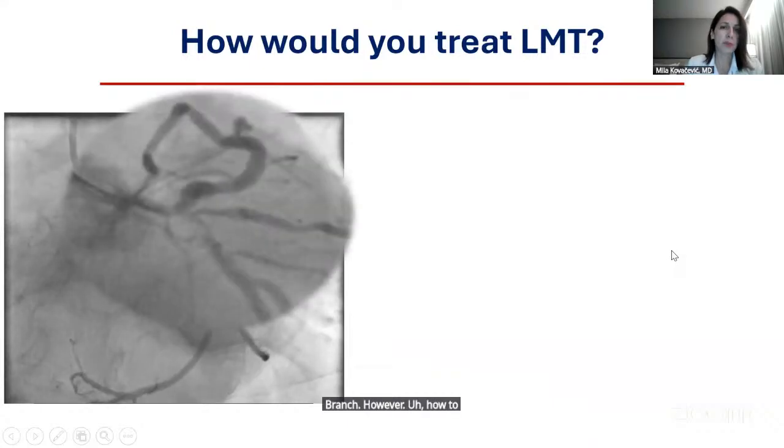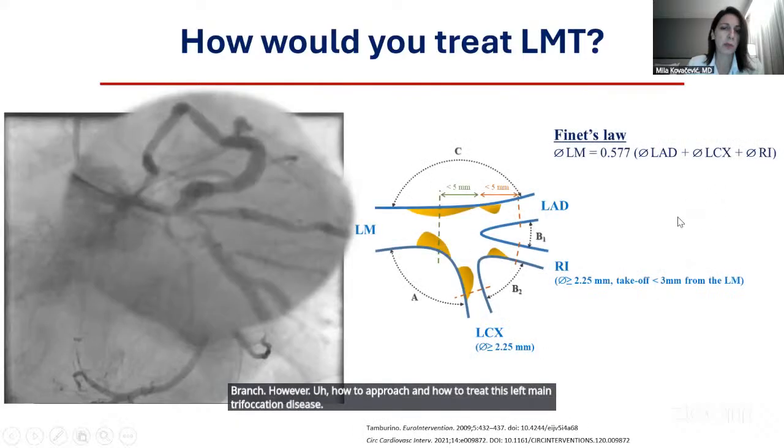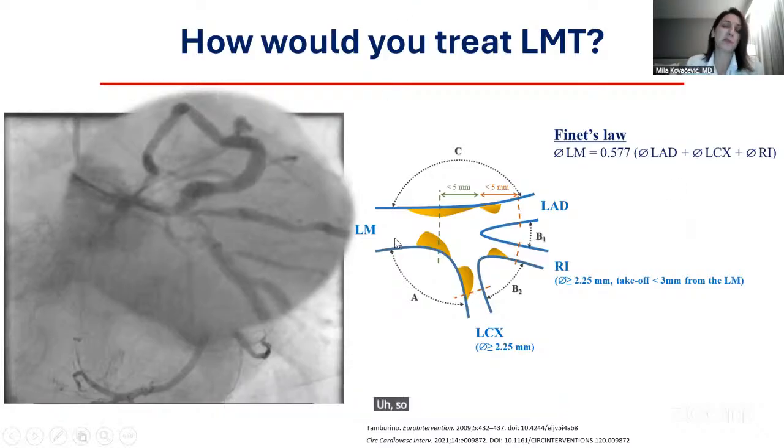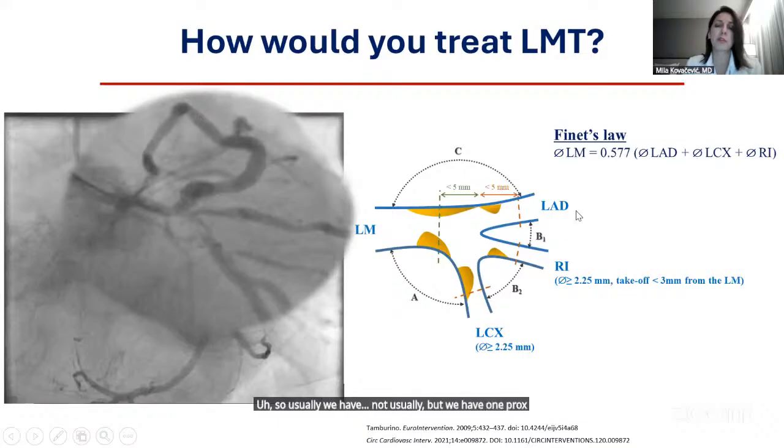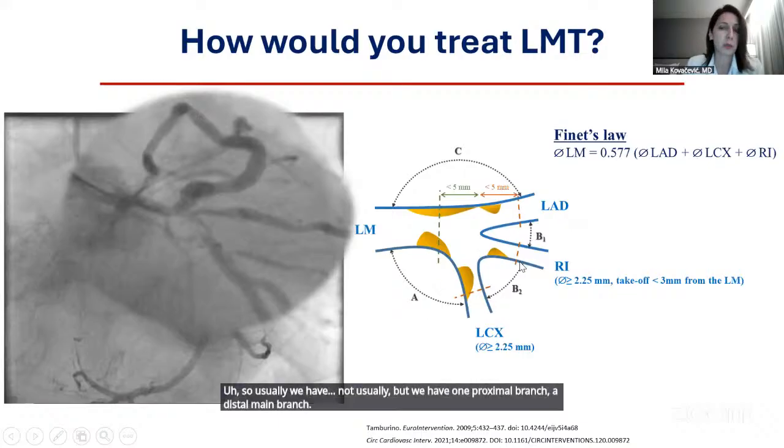how to approach and how to treat this left main trifurcation disease. First of all, we have to know some specificities about the left main trifurcation disease. So usually we have, not usually, but we have one proximal branch, a distal main branch, and we have two side branches.